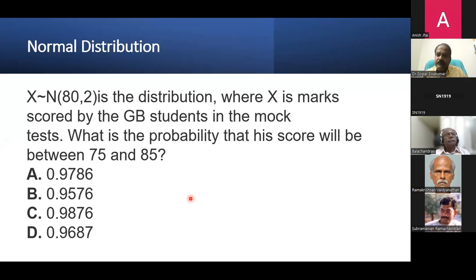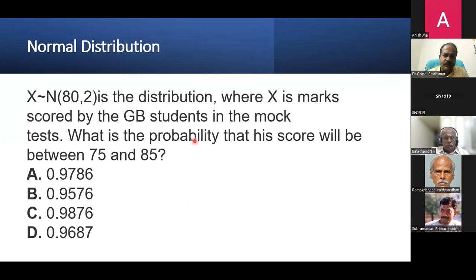So far, you have conducted many exams. According to the many exams you have conducted, the class average is 80. The class standard deviation is 2. Our understanding about the entire class is 80 and 2. That will remain the same. That is the basis for our decision making. If the class average and class standard deviation change, then the whole scenario will be new.